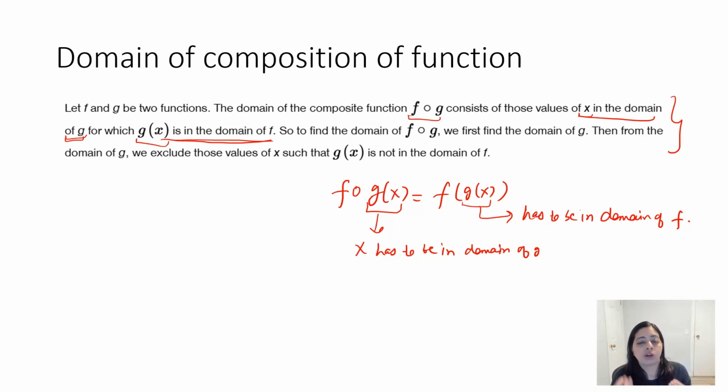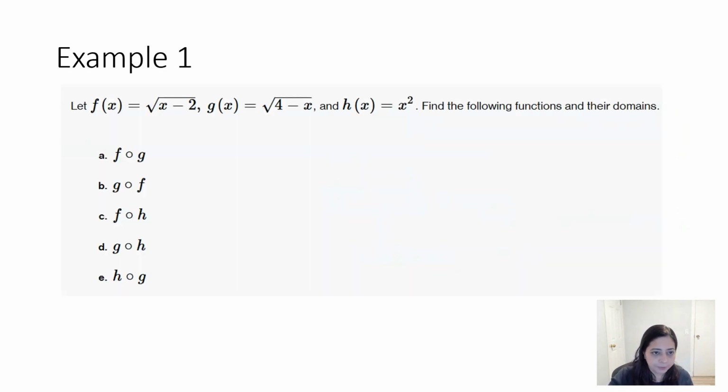Those values of x which satisfy both conditions, that x is in the domain of g and that g(x) is also in the domain of f, are going to be in the domain of f of g. If both of them are satisfied, only then the function is going to be well defined. So let's now apply these two conditions to examples, and you will see it is very easy to find the domain.